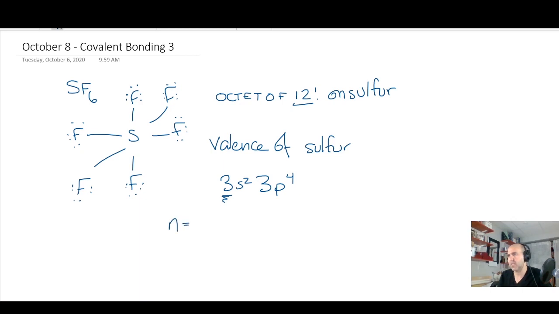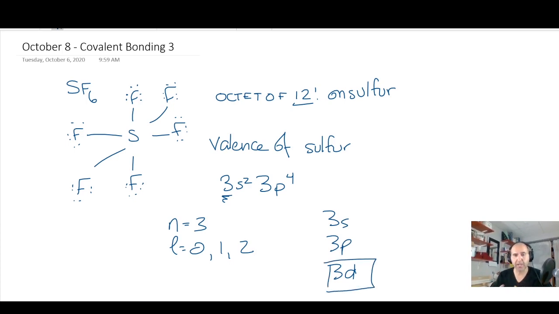So if n equals 3, l is allowed to be 0, 1, and 2. So what are we allowed to have? We're allowed to have 3s, 3p, and 3d, even though the sulfur atom itself doesn't have any electrons in the 3d orbital. They are allowed to exist.